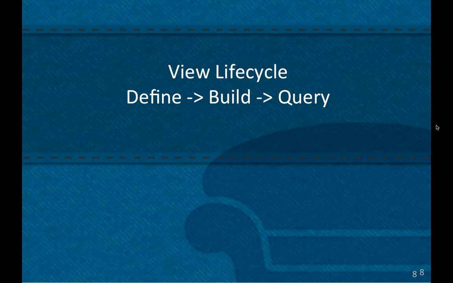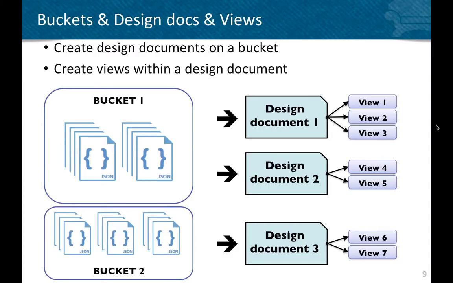So let's look at the life cycle of a view, and this is especially important for DBAs and operations folks who are going to be managing performance and scalability of a cluster over time. Data space is split up into buckets.